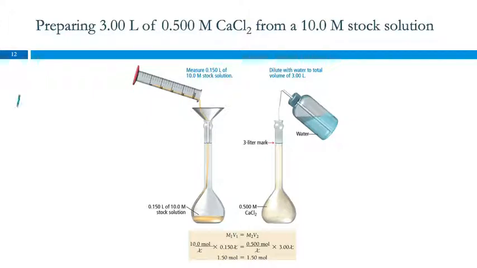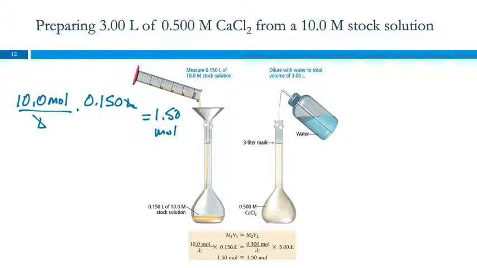So 10 molar is 10 moles per liter times 0.150 liters. That gives me 1.50 moles. Yes? So I'm going to put that in a flask. This is a 3-liter flask. And I'm going to add water. And now I've got 3 liters of solution.